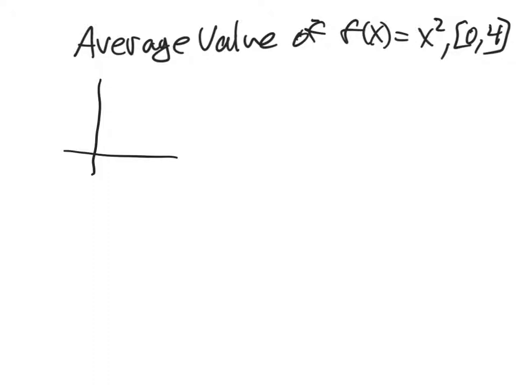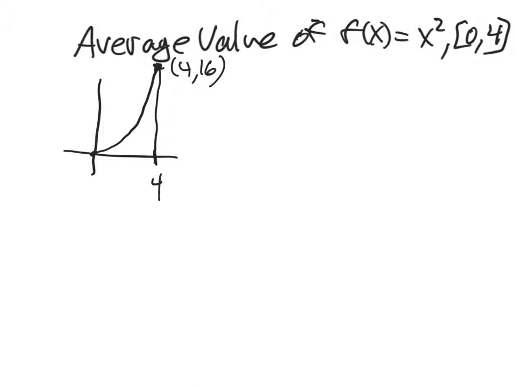x squared over 0 to 4 graphically would look like this, and up here we'd have 4, 16 would be our point.